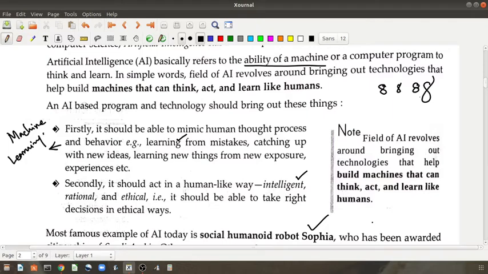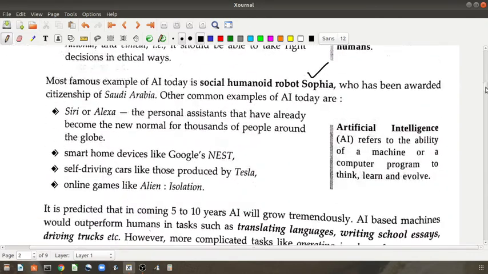So Sophia by this time is much more matured, accurate, and human-like than the first day she interacted with the outside world.